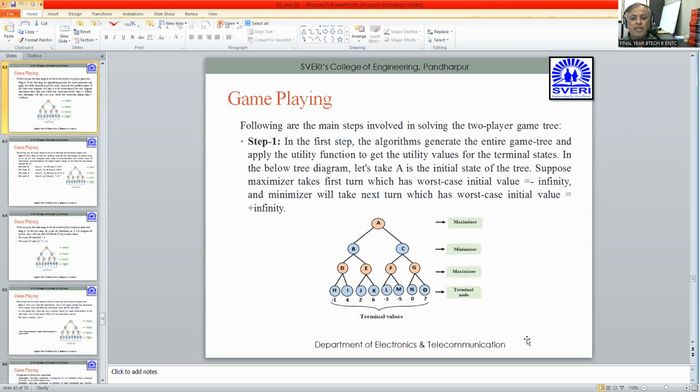So let us consider that the worst case initial value of A is -infinity. And the minimizer will take a turn which has a worst case initial value of +infinity. The maximizer has the worst value because as it is a maximizer, it should have the maximum, +infinity, but the worst value for it is -infinity. And the worst value for the minimizer will be +infinity, right? So we have considered the values.